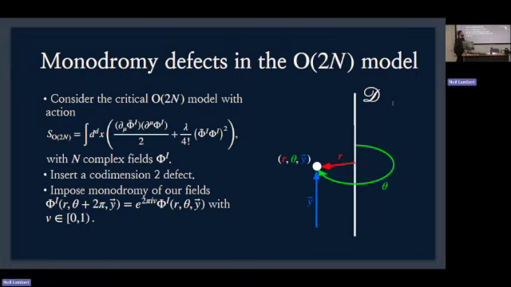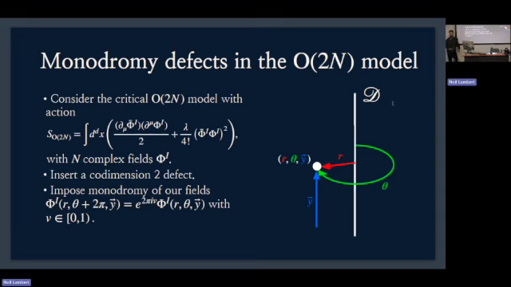So we do indeed construct such a theory, and we do so in the critical O(2N) model. We write this in terms of N complex fields with a quartic interaction, and then we start by inserting a monodromy defect into this.